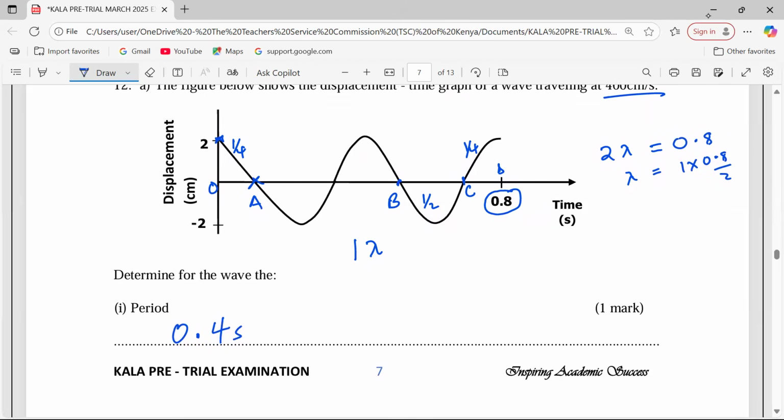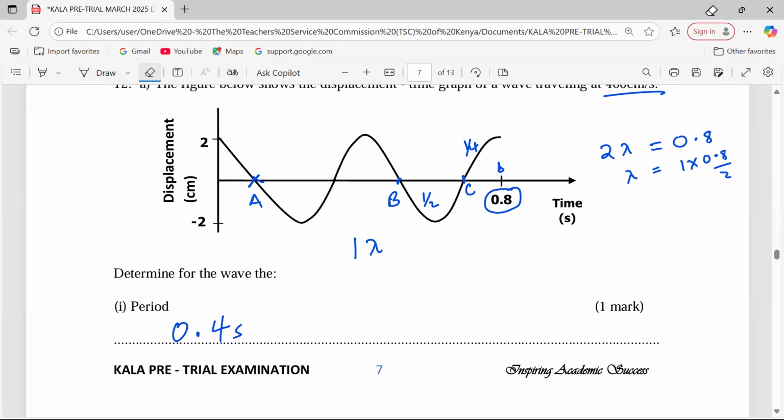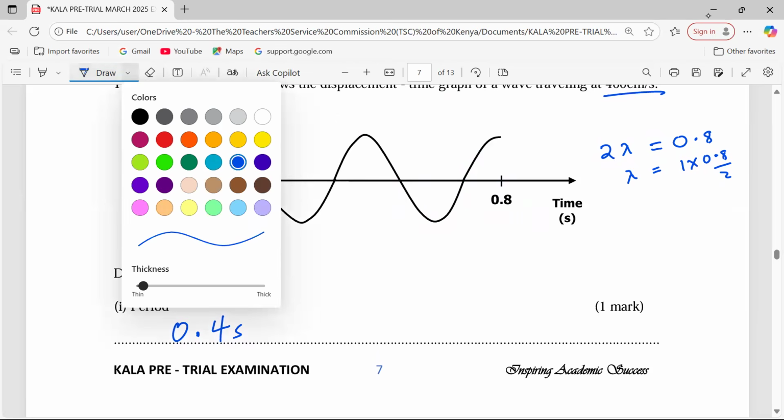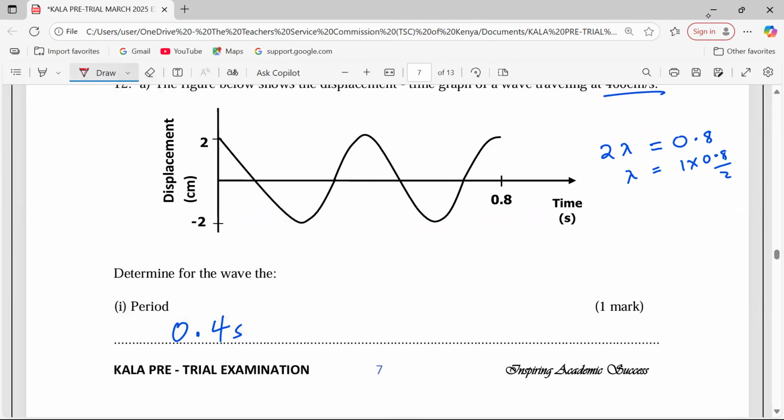Okay, let me check a simpler way of coming up with this. I think we are struggling so much anyway. Let me think louder. This is 0.8. When we consider all these intervals, we have 1, 2, 3, 4, then the fifth one is 0.8. If this is 0.2, and this is 0.4, then this is 0.6.